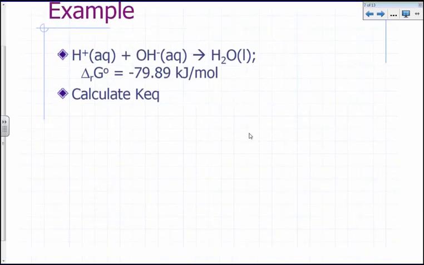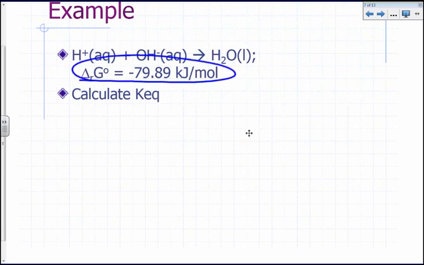H plus plus hydroxide, aqueous, gives you liquid water. Delta G naught for that reaction, you can calculate from tables. You look up delta G of formation of liquid water, delta G of formation of hydroxide, and delta G for the formation of H plus, which is going to be 0. And you calculate delta G for this reaction.